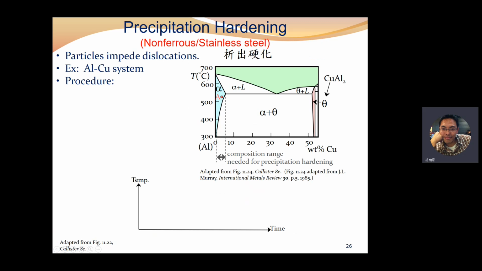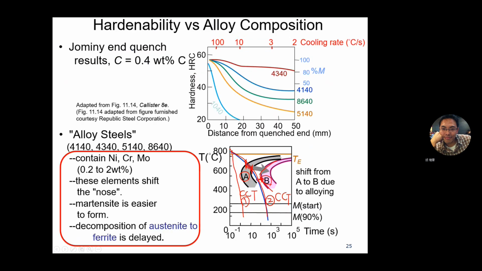So this one is the alloy steel. We're just adding other alloy elements to shift the TTT curve and make the martensite easier to form.